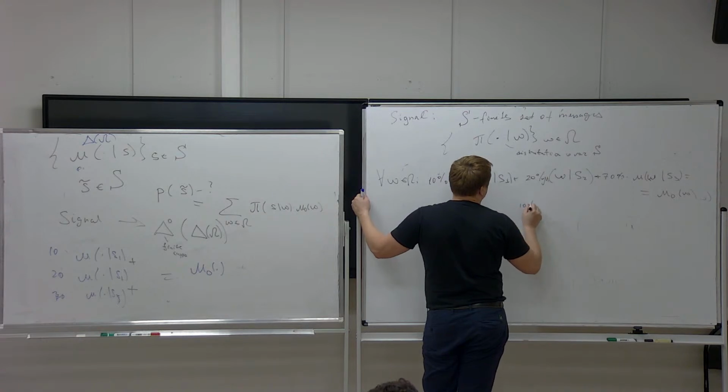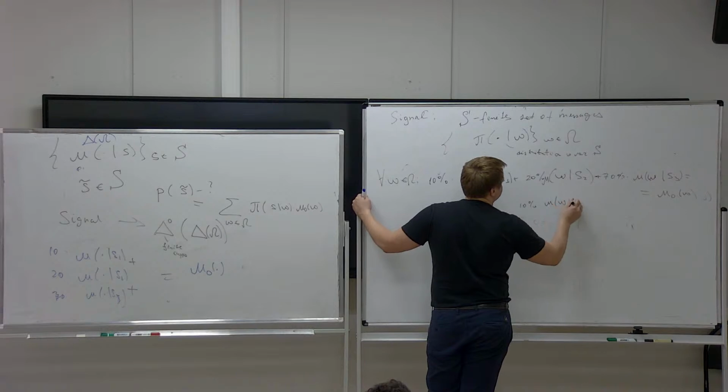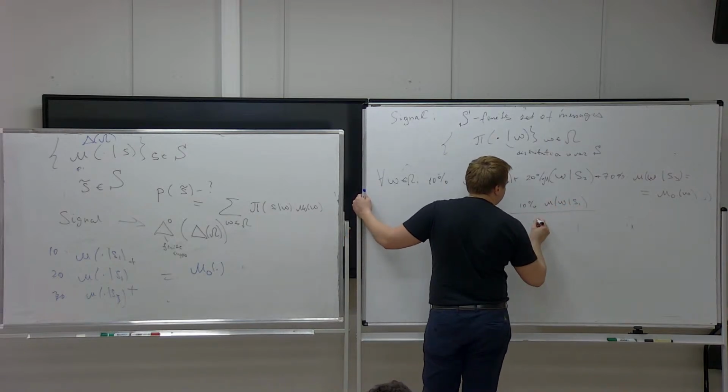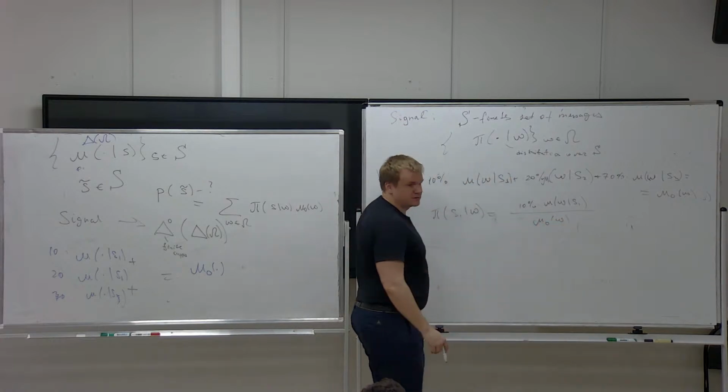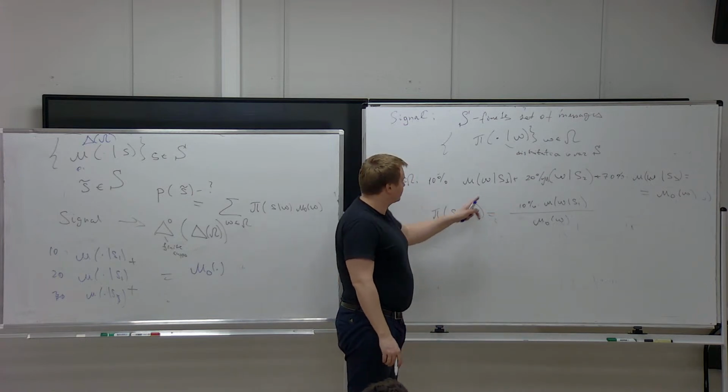This is 10% times mu of omega conditional on S1, which we must divide by mu 0 of omega. And this is going to be a correct distribution if we sum over S because of this equality.